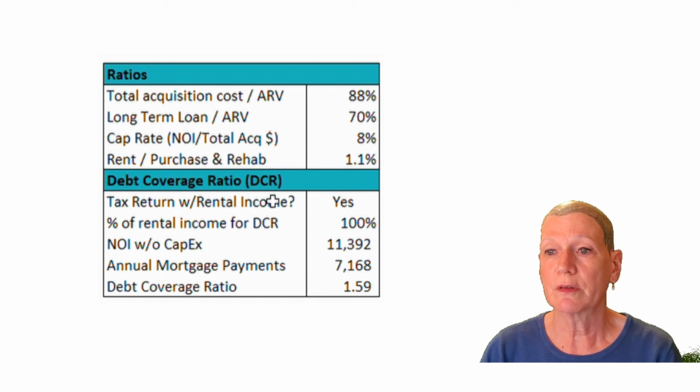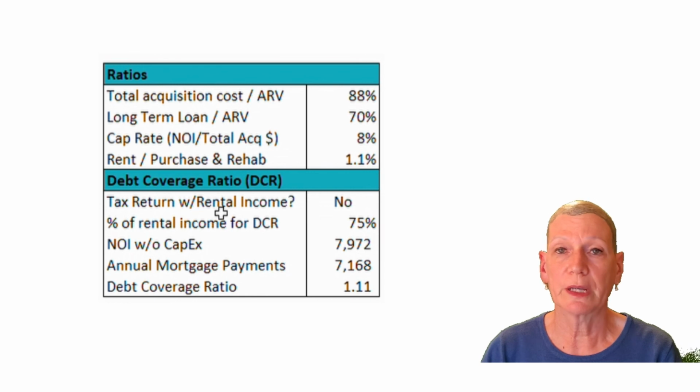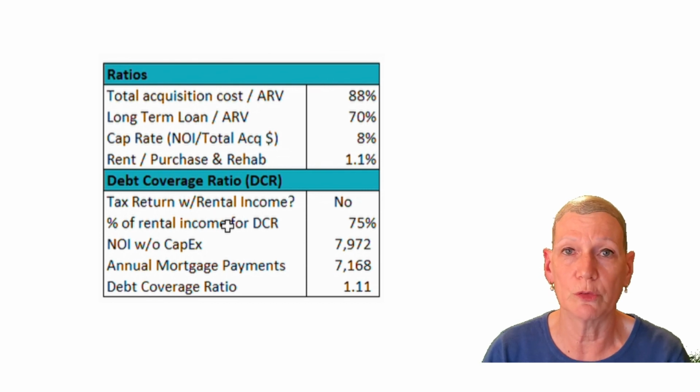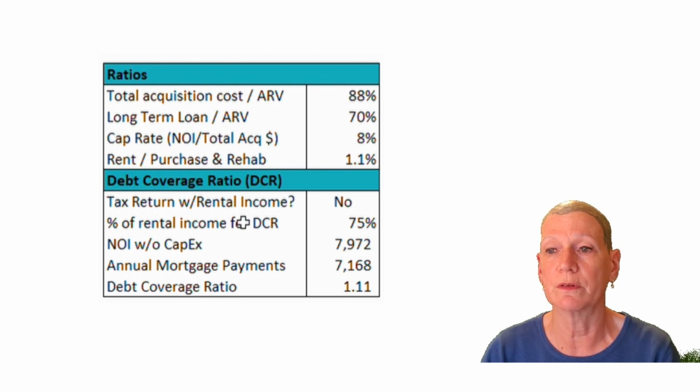So that's why you see this question here, do you have a tax return with rental income? So if you say no, then there's a lower percentage of your rental income that's going to be counting toward your money that you can use to pay that debt or for the debt coverage ratio calculation.